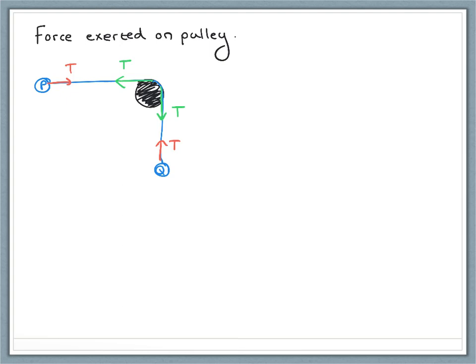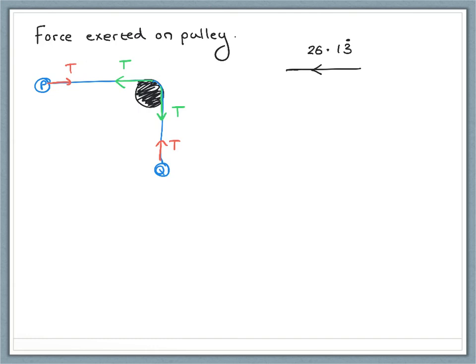Now, if we want to actually work out the overall force exerted on the pulley, we need to think about the effect of these two individual forces. So we've got one force like this, which has a value of 26.13 recurring.